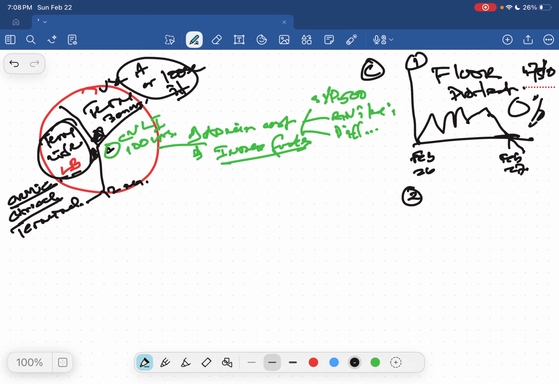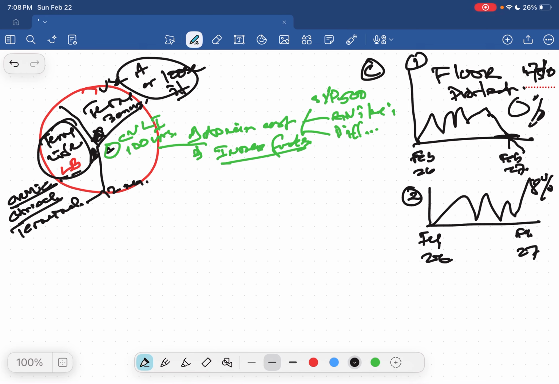The second thing, using the same example, is let's say we end February 27th on an up market. Let's say the market is up 8%. What happens?